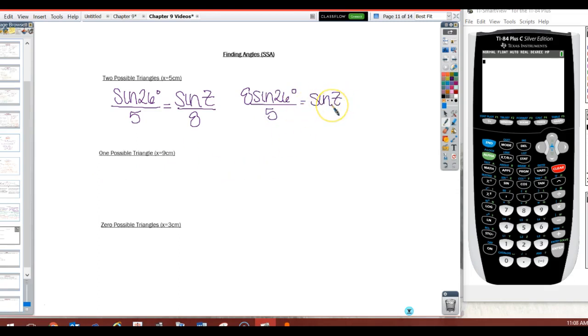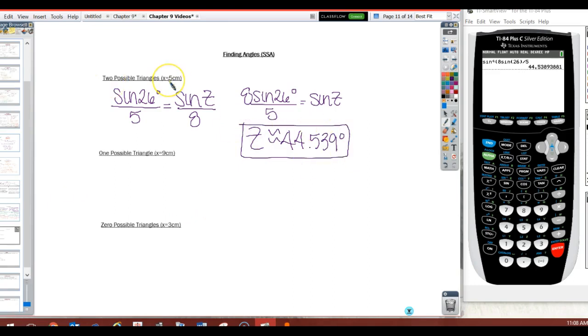From here, to find an angle, we're going to do the sine inverse. So we'll have 8 times the sine of 26. Make sure you close parentheses after the angle before you divide by 5. And we end up getting angle z to be 44.539 degrees.